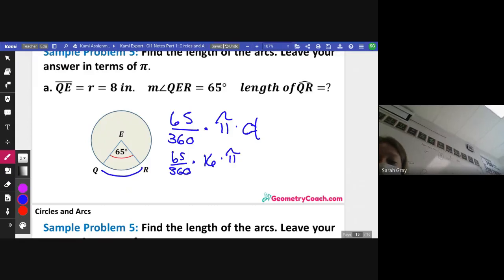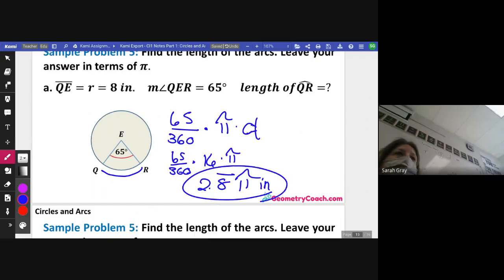16 times 65 divided by 360 is 2.8 repeating. So the length of Q to R is 2.8 pi inches.